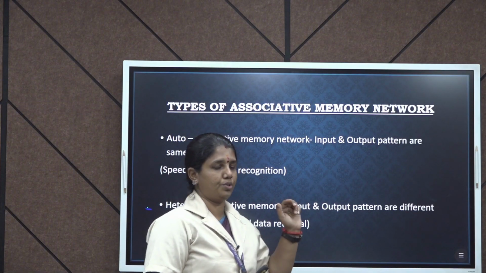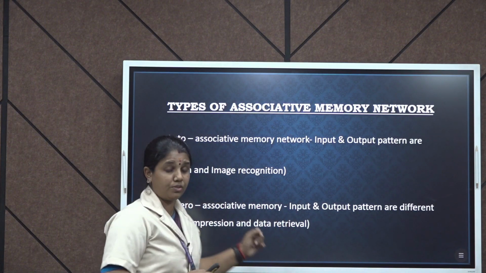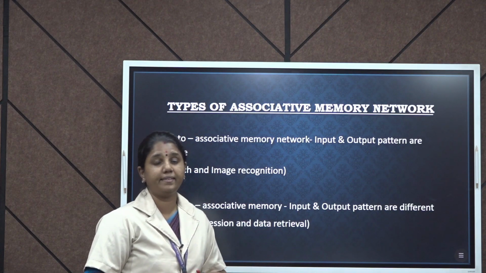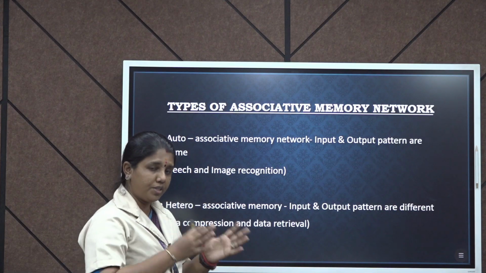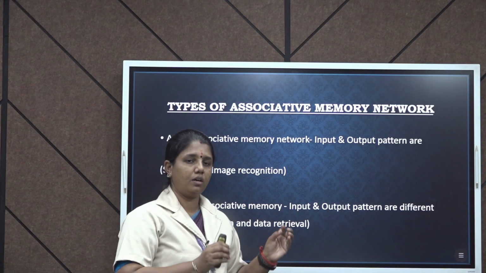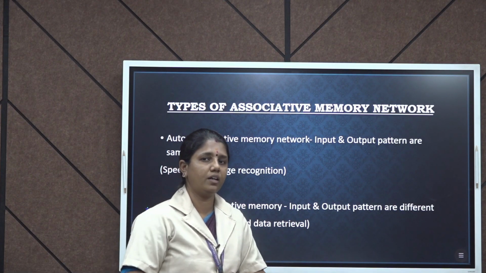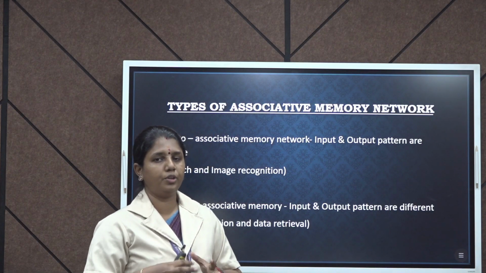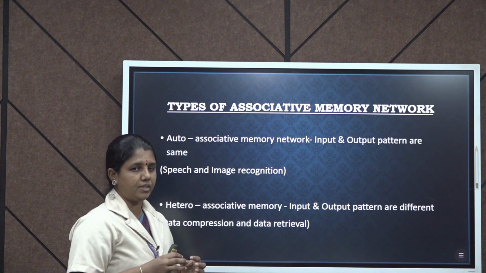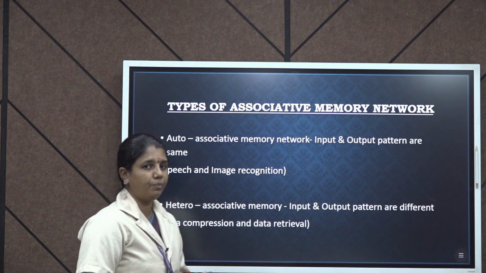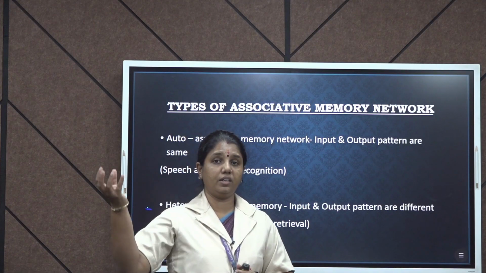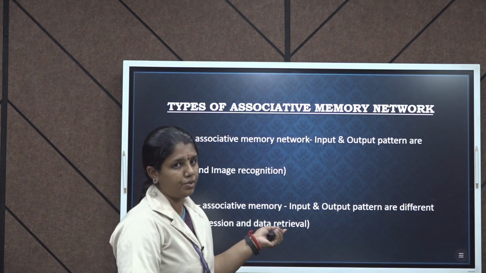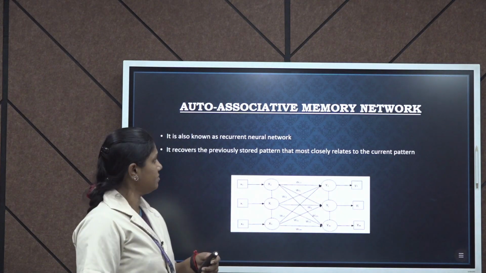Whereas in hetero associative there are two things, data compression and data retrieval. Data compression is completely different from data retrieval. In data compression we compress data into smaller units or a smaller memory size, but in data retrieval we are just retrieving the information from the database. So this is the definition of auto associative and hetero associative.